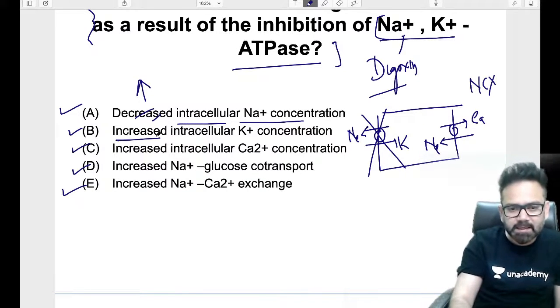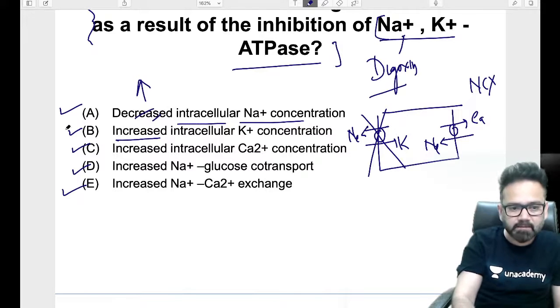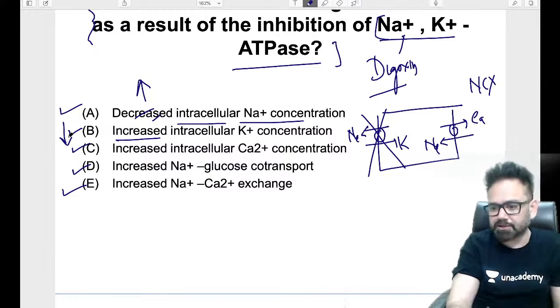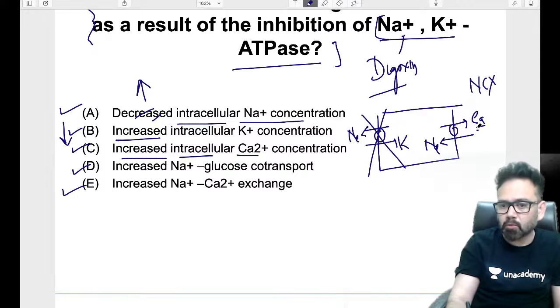Increase intracellular potassium? No, this pump takes potassium inside, so now there will be decreased intracellular potassium concentration. Third is increase intracellular calcium. Yes, if you inhibit that pump, calcium cannot move out, so intracellular calcium will increase, and this is what happens in the heart when you give digoxin.